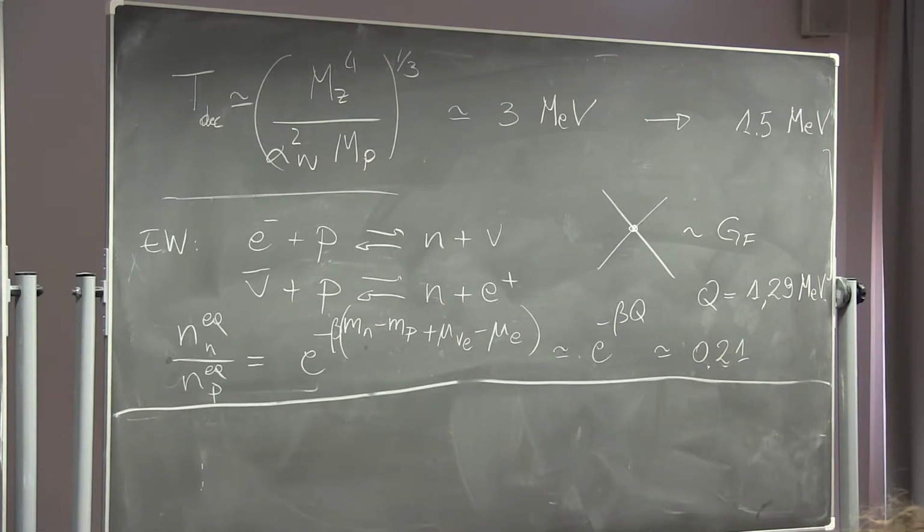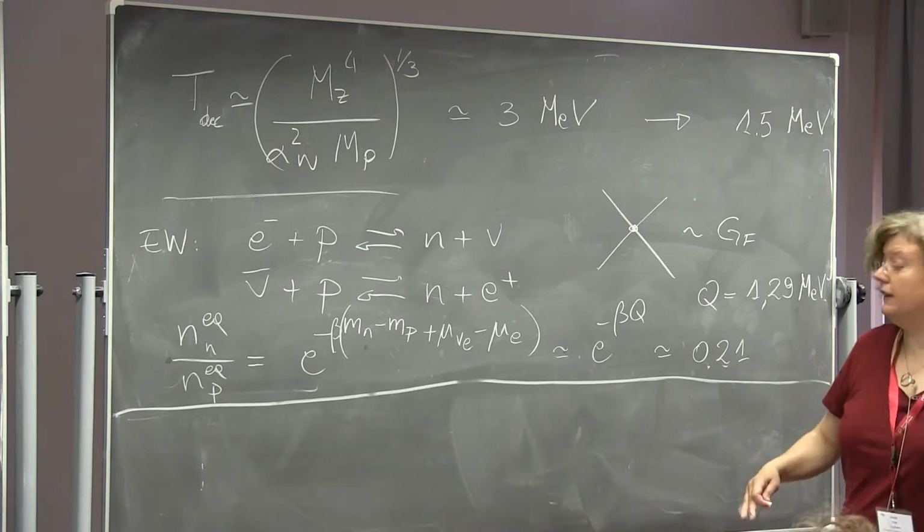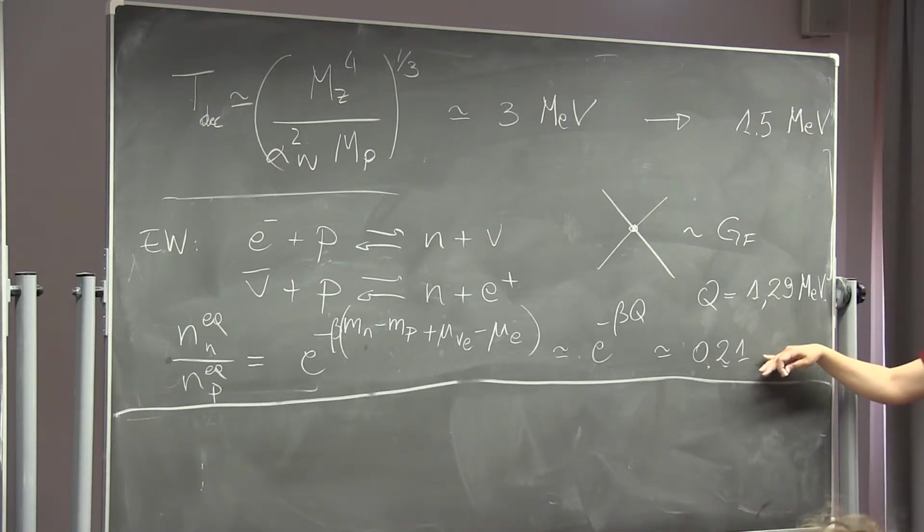Notice that it could have been completely different. The difference in masses could have been much smaller, for example, or much larger. And then we would have a completely different ratio of helium to hydrogen in the universe, okay? Because this is at the end what sets the ratio of helium to hydrogen.